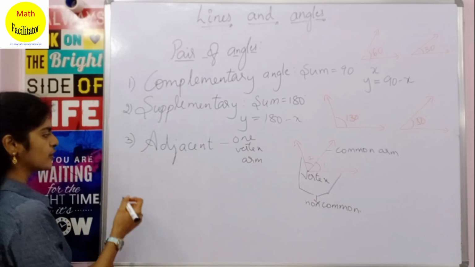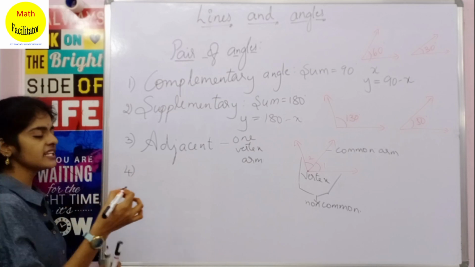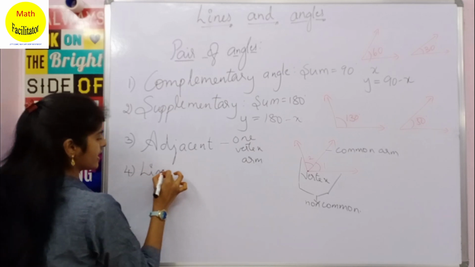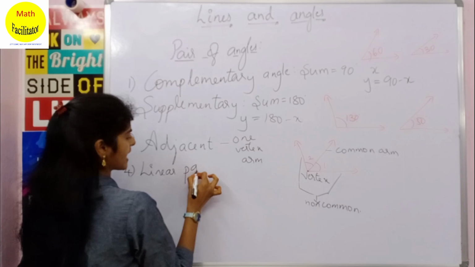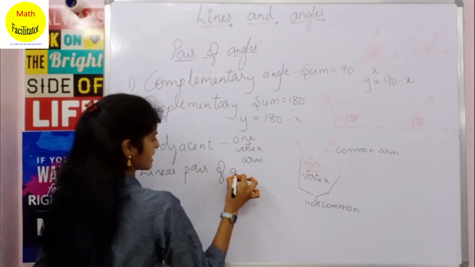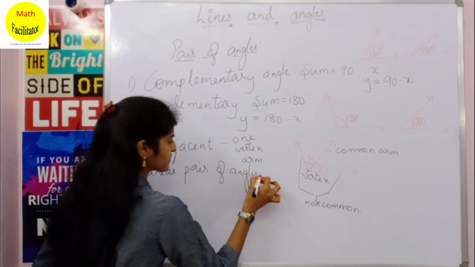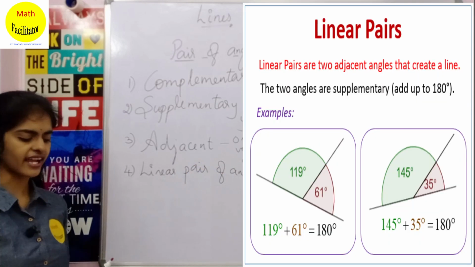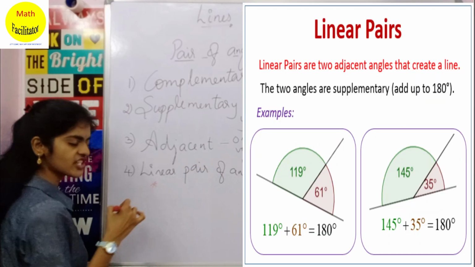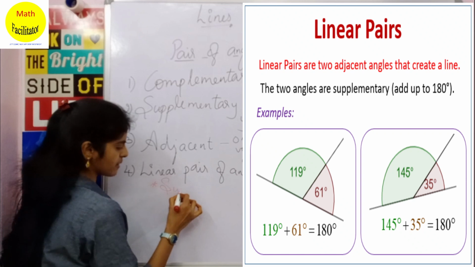Clear? Now moving on to the next type, you have linear pair of angles. Can you tell me what linear pair of angles are? In a linear pair of angles you have two conditions. The first condition is that the angles should be supplementary.